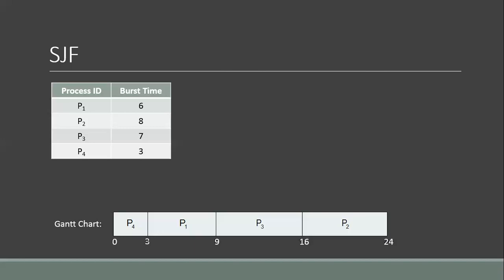So process P3 will be selected and it will start execution at time 9 and it will finish its execution at time 16. After this, there will be only one process in the ready queue, that is the process P2. So this process will be selected and it will start its execution on the CPU and it will finish its execution at time 24.